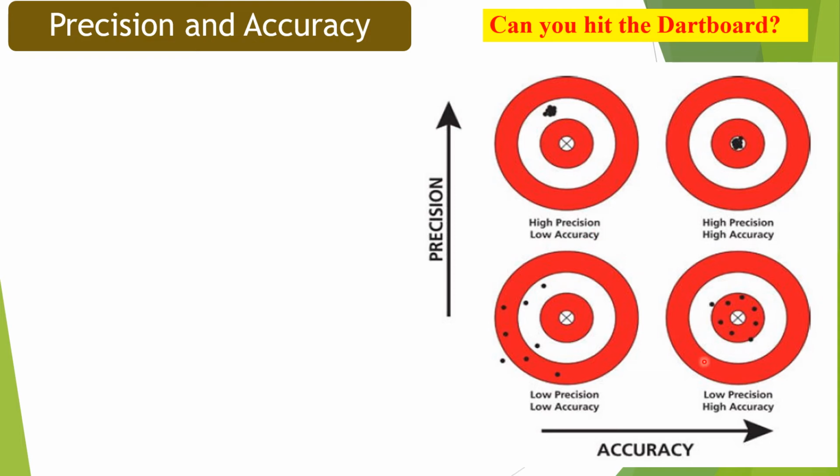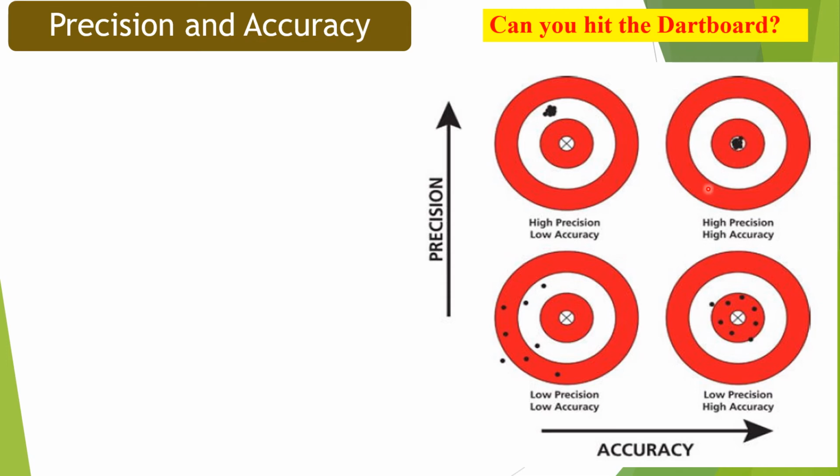You can see that in Mr. Fahad's first experiment, hit pointers are near the central point, which shows that there is high accuracy in this experiment. But hit pointers are away from each other, that's why there is low precision in this experiment. In Mr. Fahad's second experiment, you can see that hit pointers are on the central point of the dartboard and they are closer to each other.